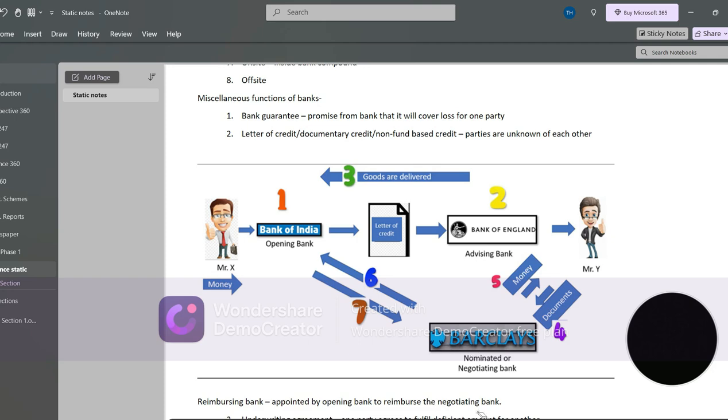So the negotiating bank also gets their money back, and this is how letter of credit is happening.